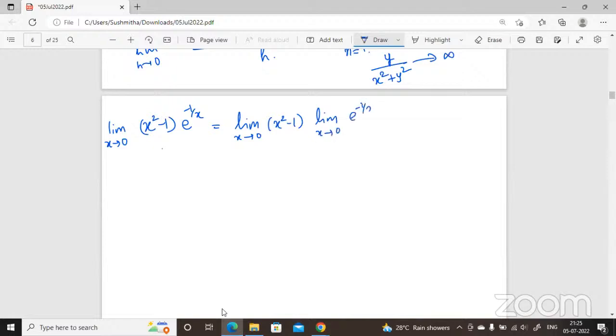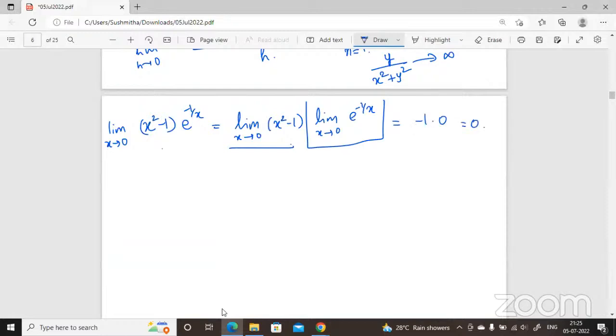Limit as x goes to 0 of e power minus 1 by x is e power minus infinity, which is 0. So this limit exists and that limit exists, so no problem.